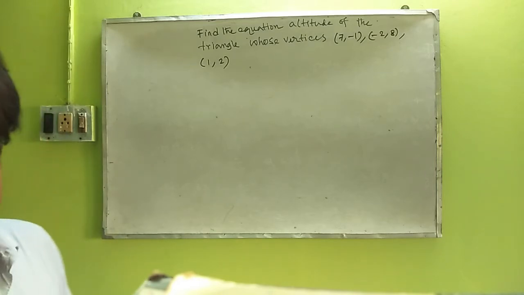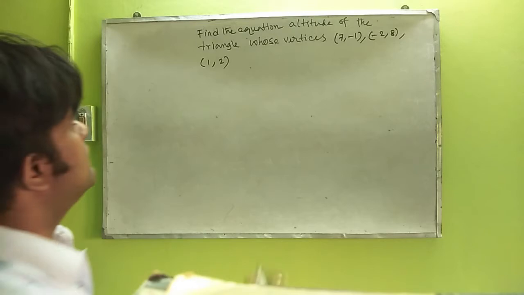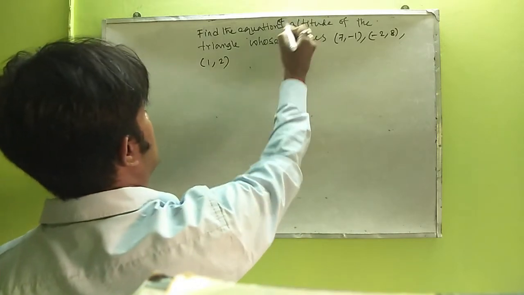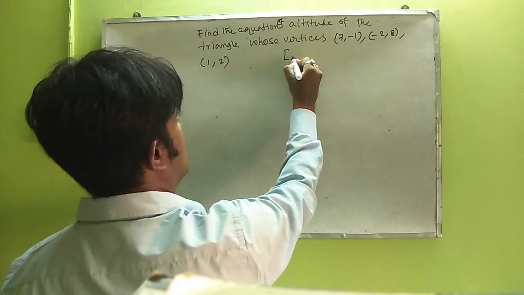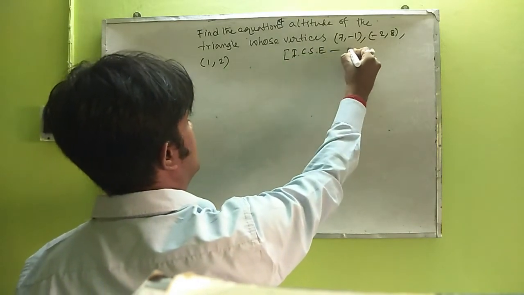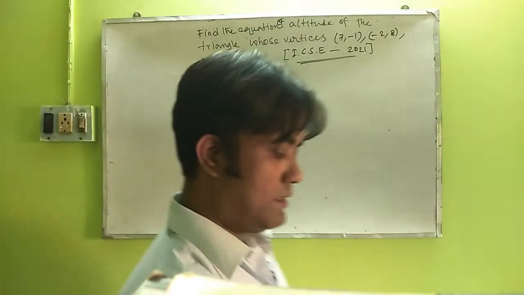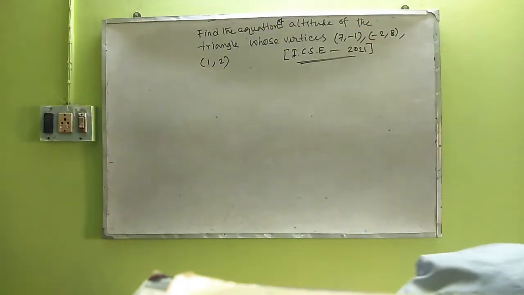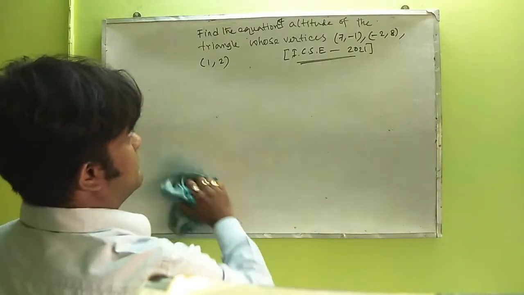Find the equation of the altitude of the triangle whose vertices are these. ICSE 2021. This is very important for the upcoming board exam, and this is a very important sum.